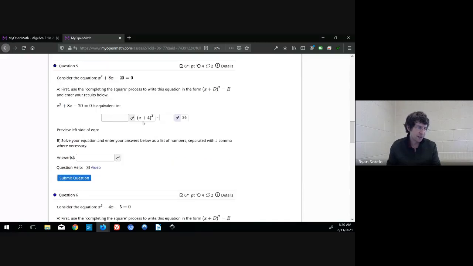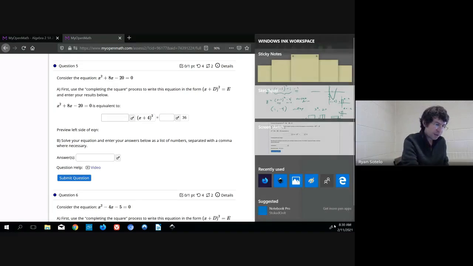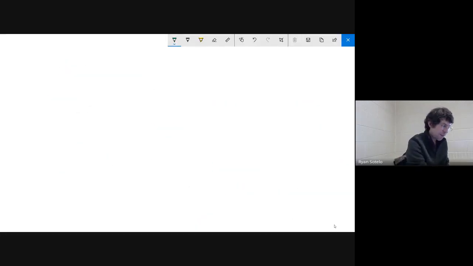And to solve it, you can square root this to get x plus 4. I'll do this part on the writing. X plus 4 squared equals 36. Actually, I'll do the whole thing. What do we have? X squared plus 8x minus 20.